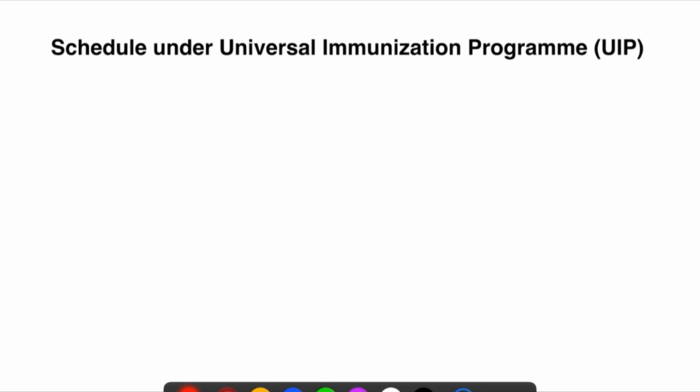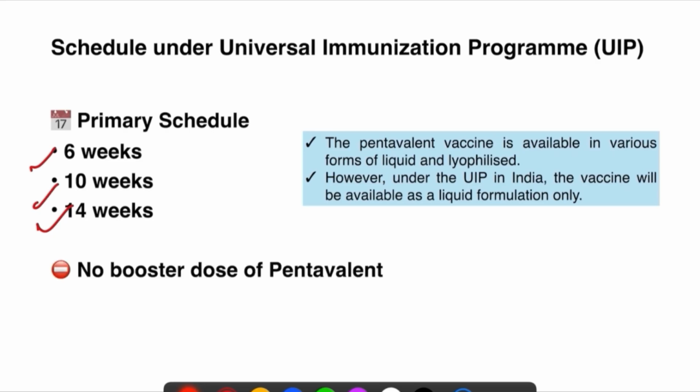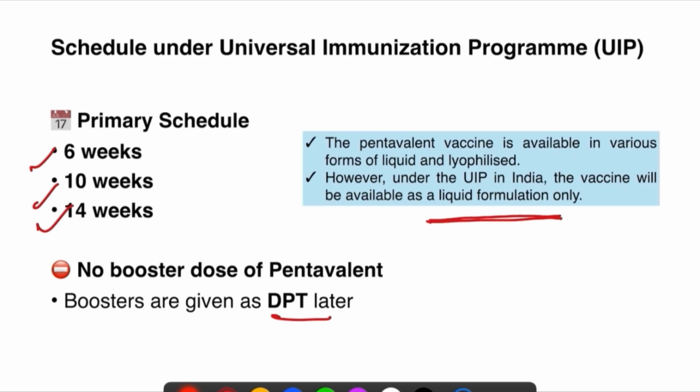Coming to the schedule of pentavalent vaccine under the Universal Immunization Program, the primary doses include 3 doses at 6 weeks, 10 weeks, and 14 weeks. No booster doses of pentavalent vaccine are given, and after the age of 1 year, we are giving DPT booster, not the pentavalent booster. And the formulation which we are using in the UIP is liquid formulation.